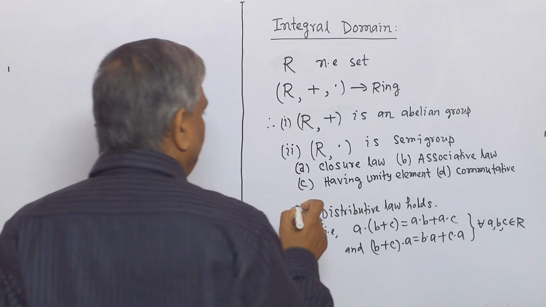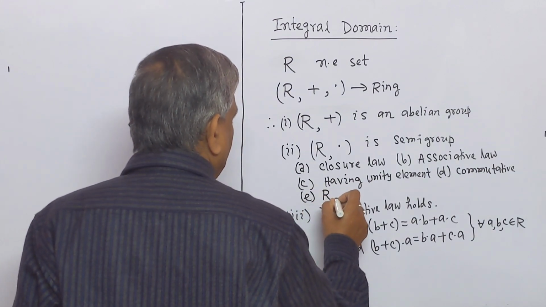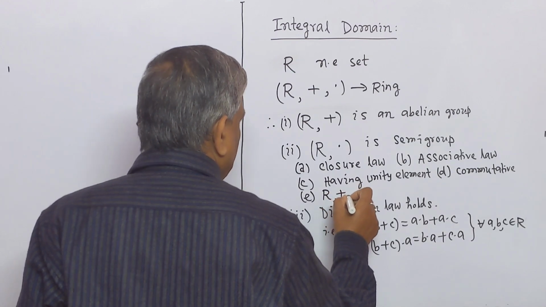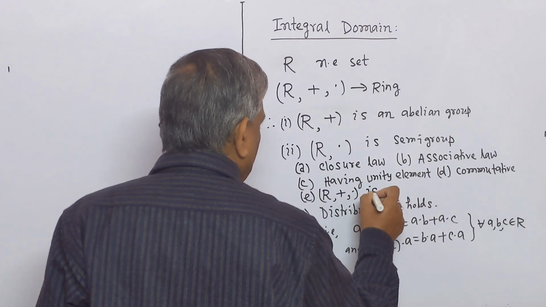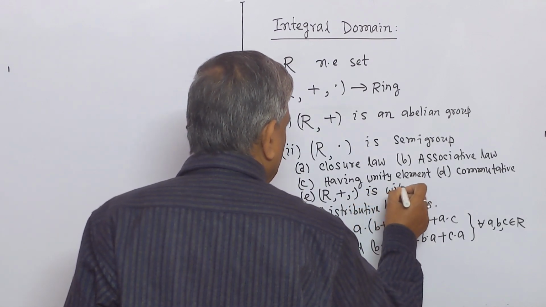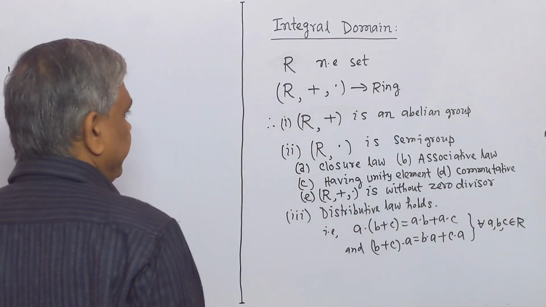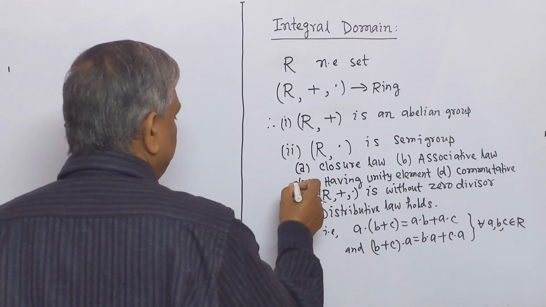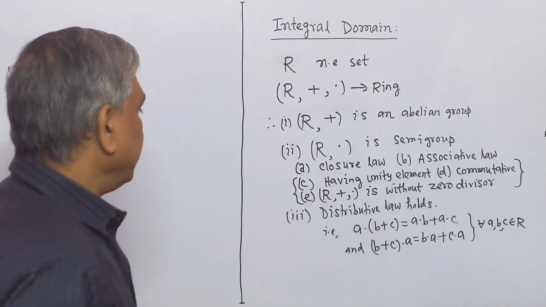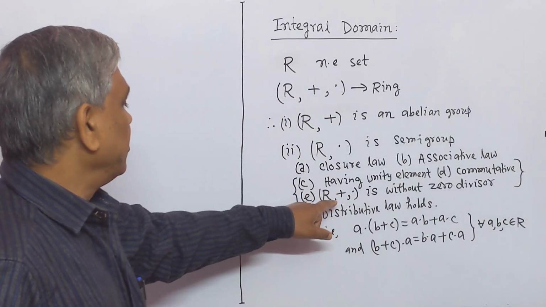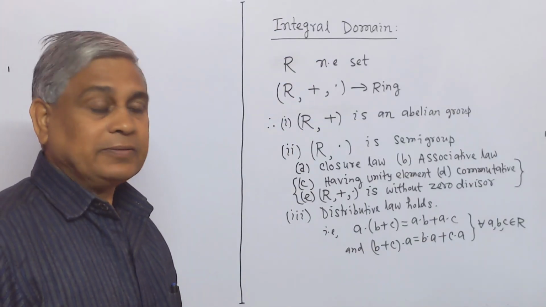And one more property: R with binary composition addition and multiplication is without zero division. Then with these extra properties of a ring, the ring will be changed into an integral domain.